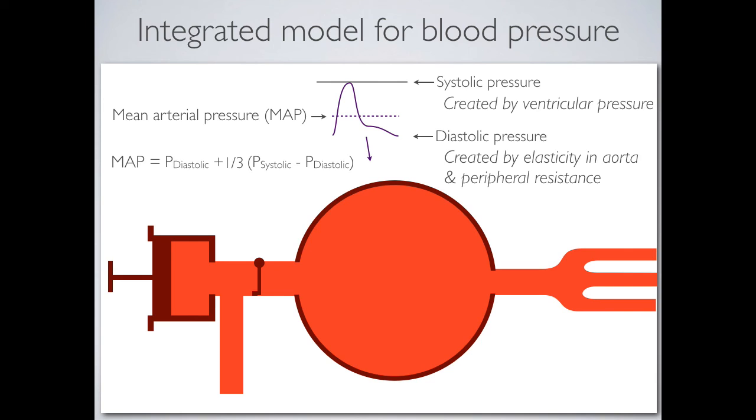So how can we control this system? This is going to be very important when we talk about cardiovascular control later on. I'm just laying out all the parts, and we'll return to this conceptual model later.